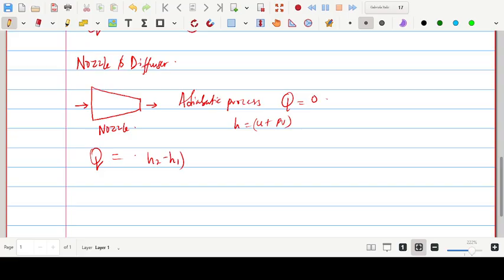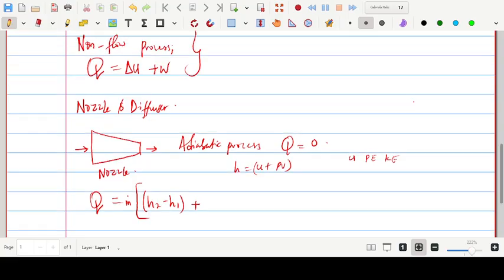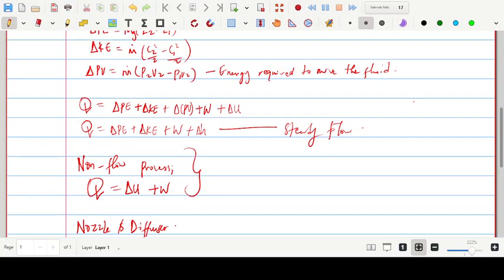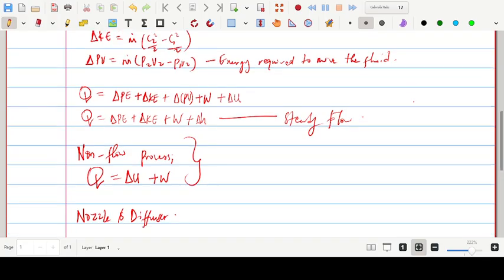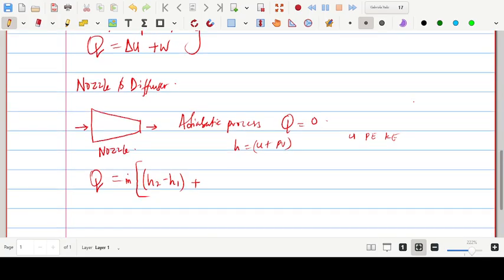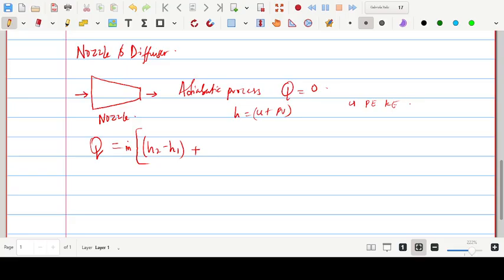So we have the mass flow rate, so I use this larger bracket plus U, potential, kinetic, and PV. So we have PV here.